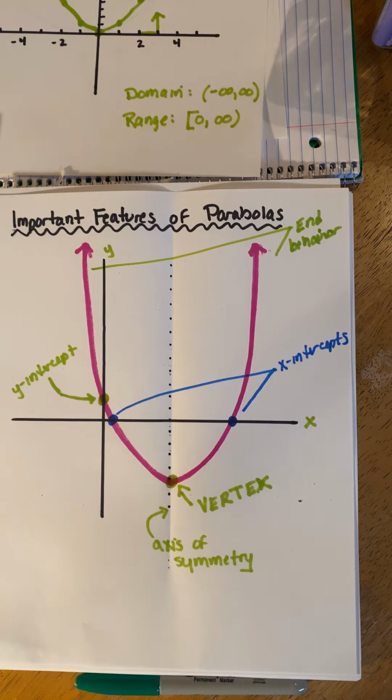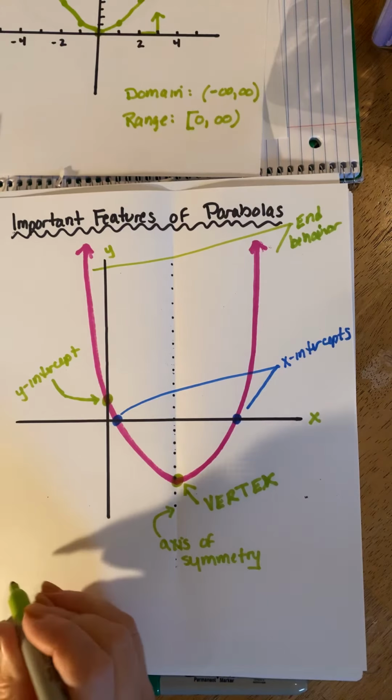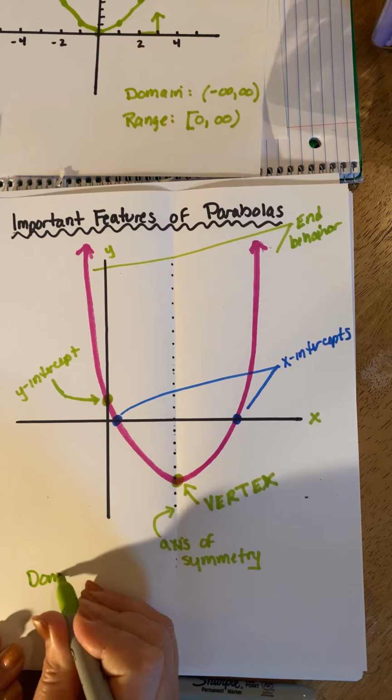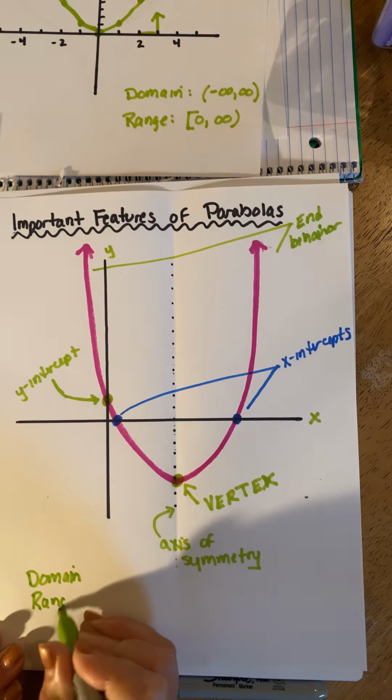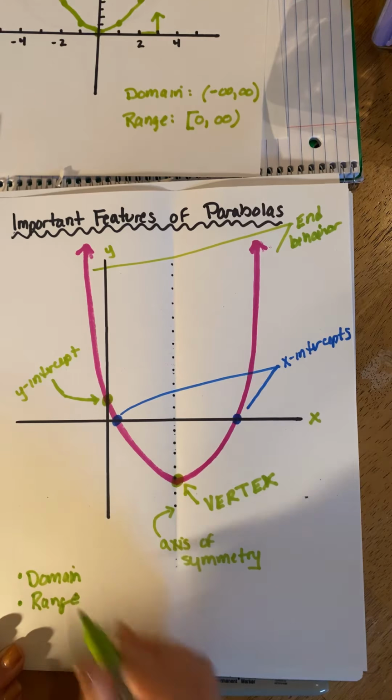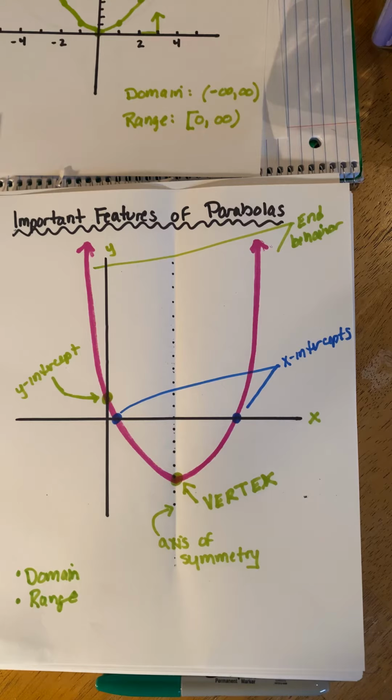So those are the important things we're going to look at. We're going to determine the domain and the range also of all our quadratic functions. All right, so that being said, let's make a list.